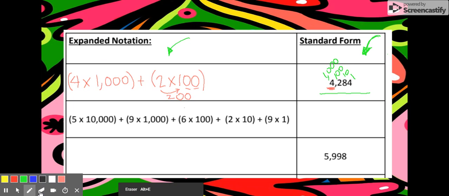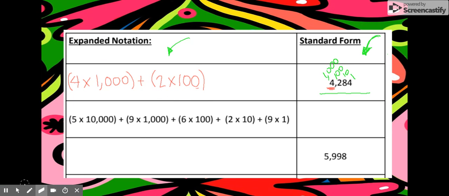So the answer would eventually be 200, but let's not get too far ahead of ourselves. Now that we've done the thousands and the hundreds, let's do the tens place. 8 is the numeral in that place value, so you just write 8 times 10. And really, you don't have to make this harder than it is.